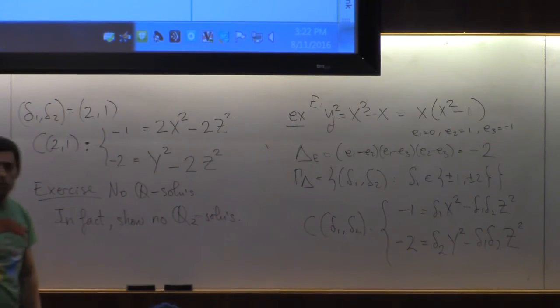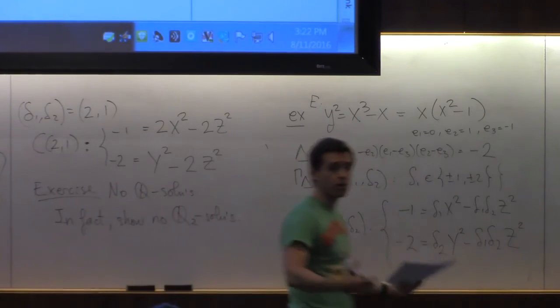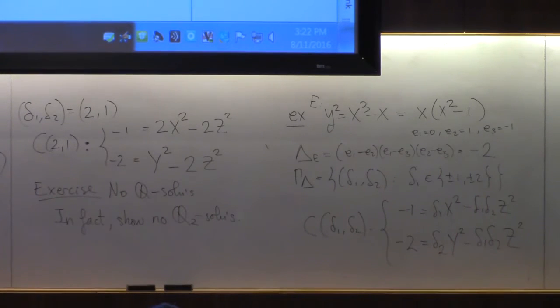The 2-adics are bigger than the rational numbers, so it's something stronger. But if the argument is just about divisibility by 2, it will actually extend to proving that there are no 2-adic solutions. So I'm going to blame Q2 here for it. Okay, there are no points over Q2.